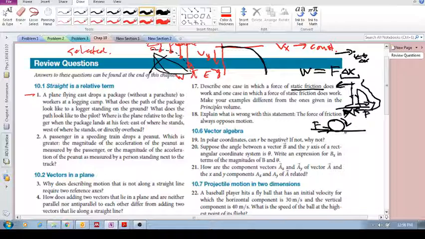But the question is, does that force do work? Well, the car ends up moving that way, but that point over there does not displace. So that force does not do any work.